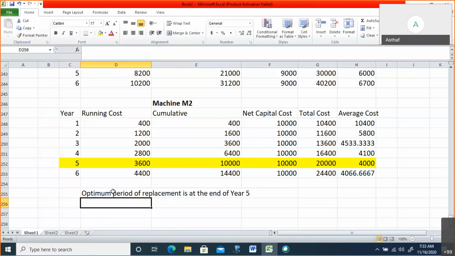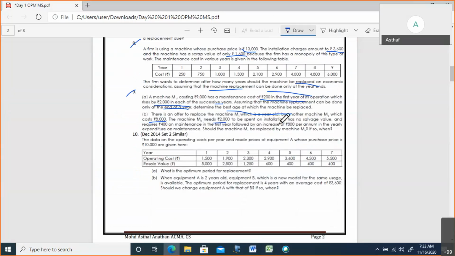A very important part we are starting. What is that part? That is the last part.